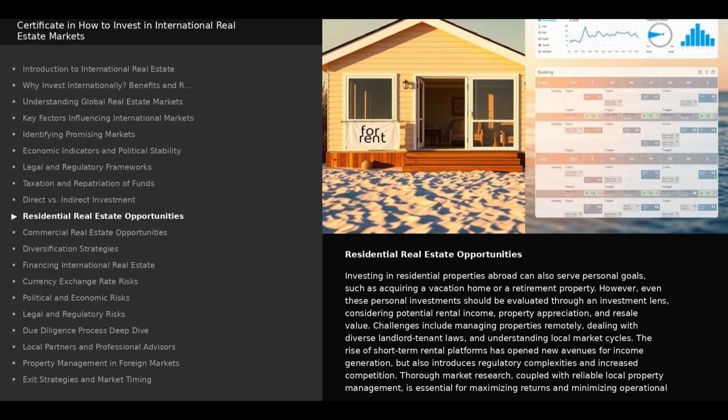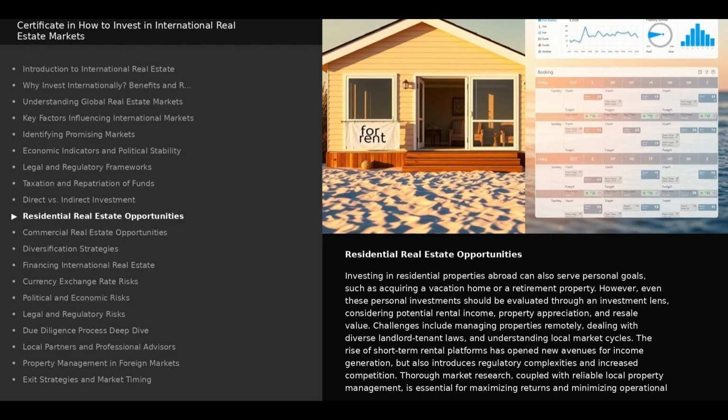Investing in residential properties abroad can also serve personal goals, such as acquiring a vacation home or a retirement property. However, even these personal investments should be evaluated through an investment lens, considering potential rental income, property appreciation, and resale value. Challenges include managing properties remotely, dealing with diverse landlord-tenant laws, and understanding local market cycles.